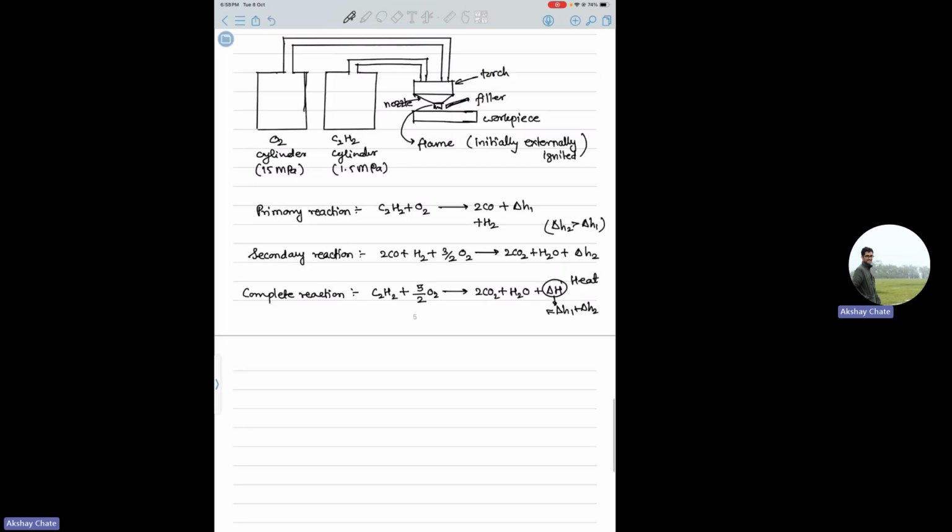The first thing you should note here is this 2.5 moles of oxygen. If you pay attention, it is a summation of 1 from the primary and 1.5 from the secondary reaction. The 1 comes from the oxygen cylinder, whereas the 1.5 moles of oxygen comes from the atmosphere, because the secondary reaction takes place with oxygen available in the surroundings.